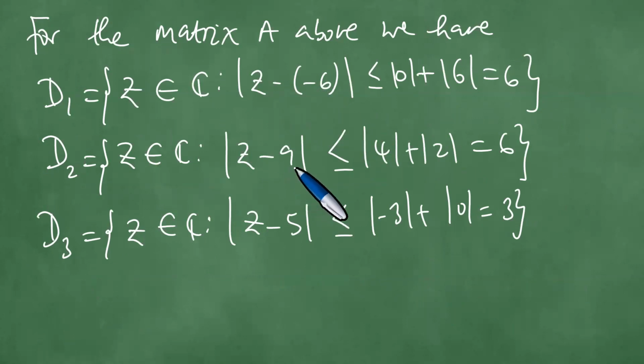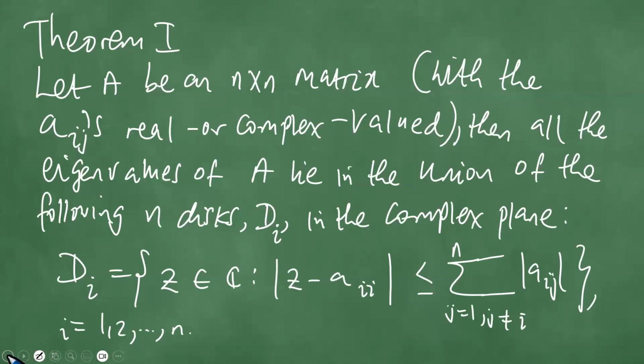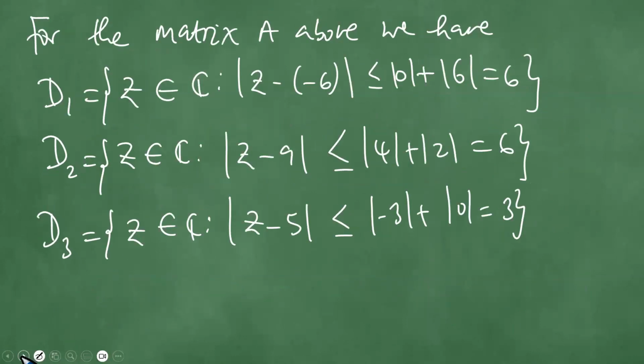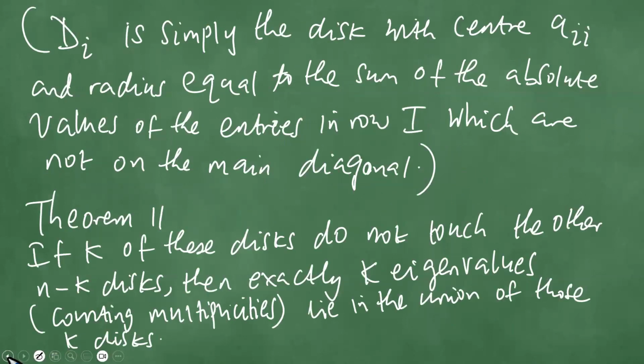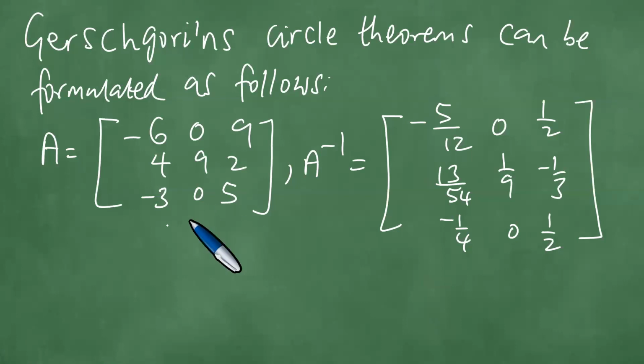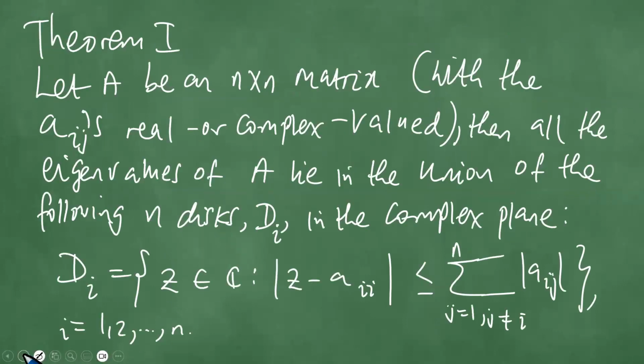If you look at, for instance, the entry 9, what is outside the entry 9? Outside the entry 9, you'd have 4 and 2. Outside the entry 5 on the main diagonal would be minus 3 and 0.